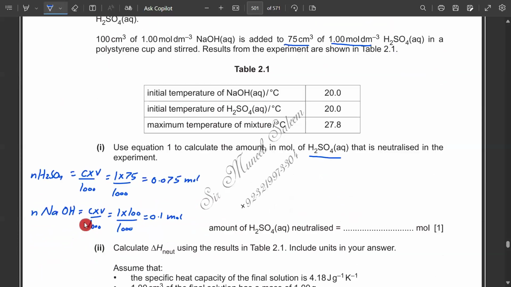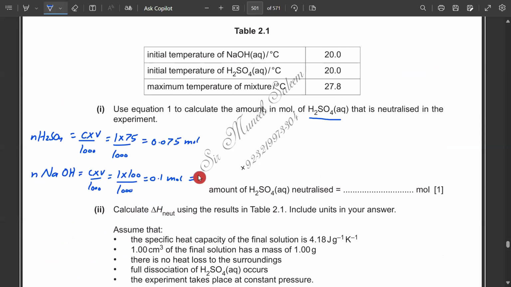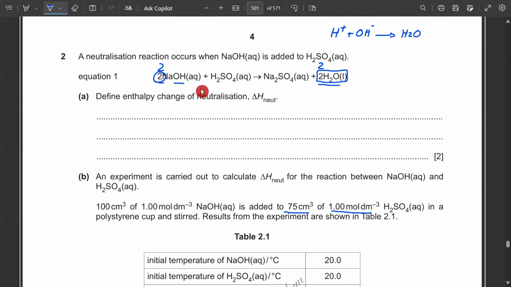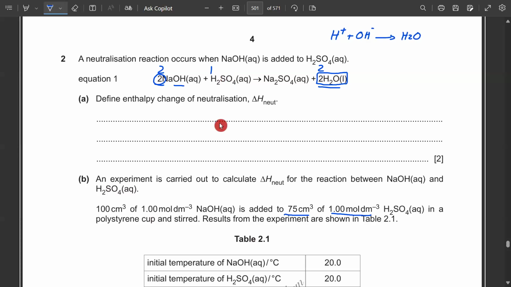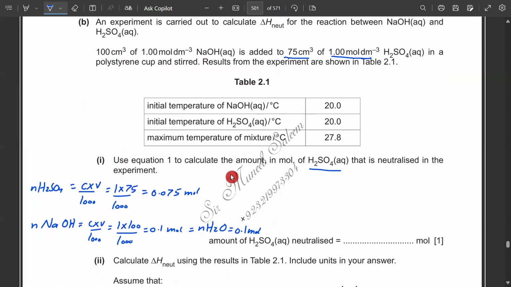It means whatever the amount of NaOH is also the amount of the moles of water, 0.1 mole. But for sulfuric acid, we have 1:2 between them. So H2SO4 to H2O gives me 1:2. H2SO4 is 0.075, and that water will become X, and so X will become 2 times 0.075. It is equal to 0.15 mole H2O.